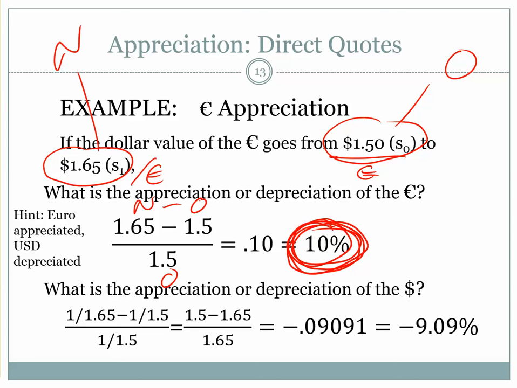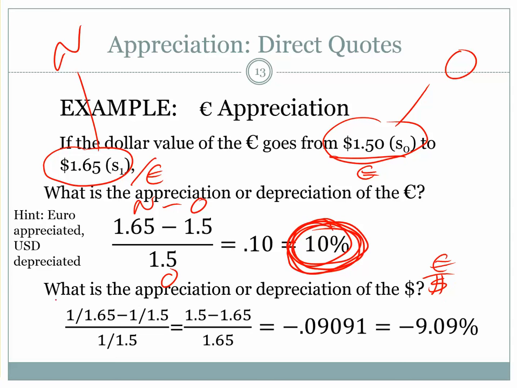However, you may be asked, well, what was the appreciation of the dollar? So for a Parisian coming to New York, how much cheaper are their hotels? Well, if the exchange rate goes from 1.65 to 1.50, I could convert all the exchange rates to be a euro price of $1 and do a percent change formula.